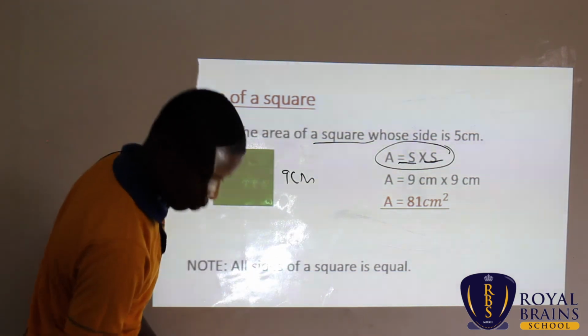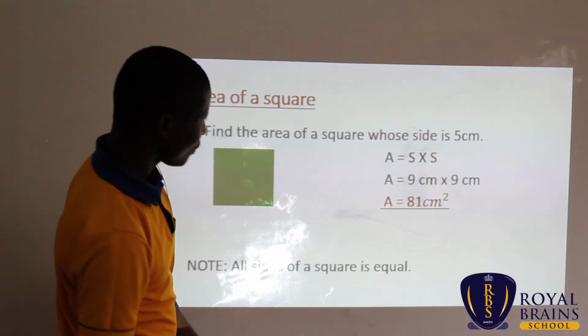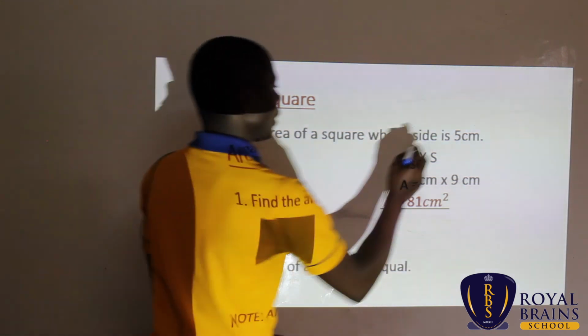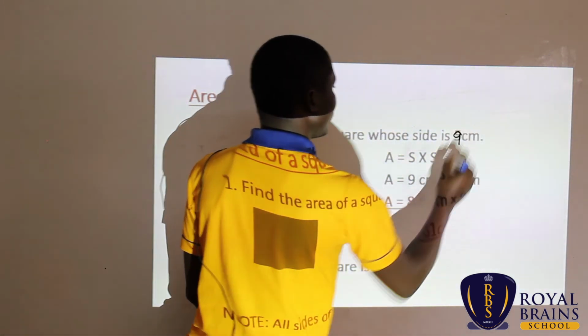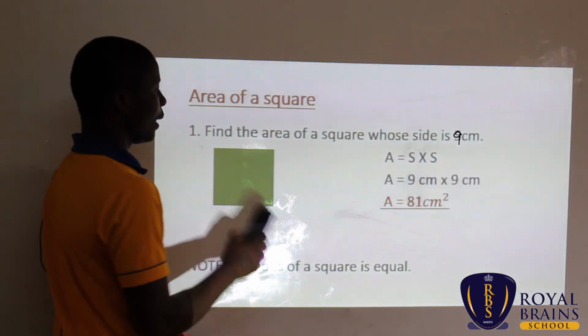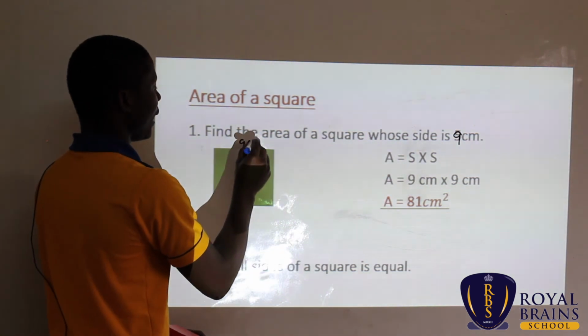Now let's go back to the question. You have been told to calculate the area of a square. This one is 9. So the area will be side times side. And what was the side? The side was 9 centimeters.